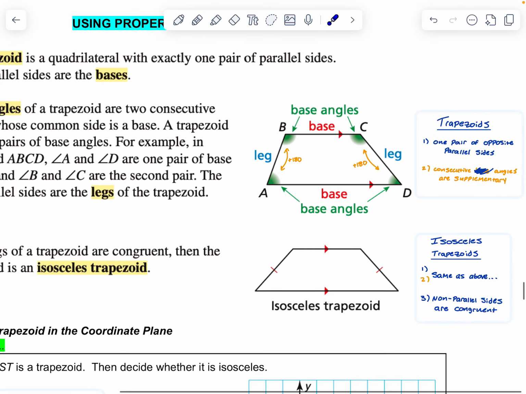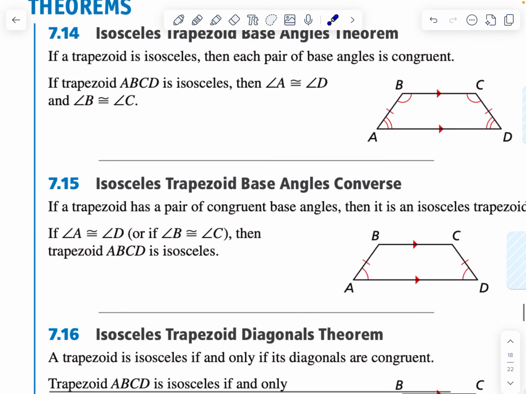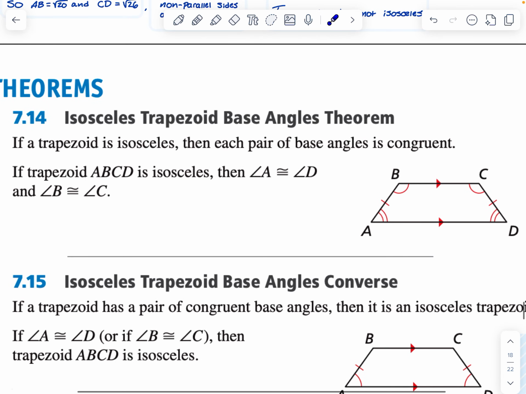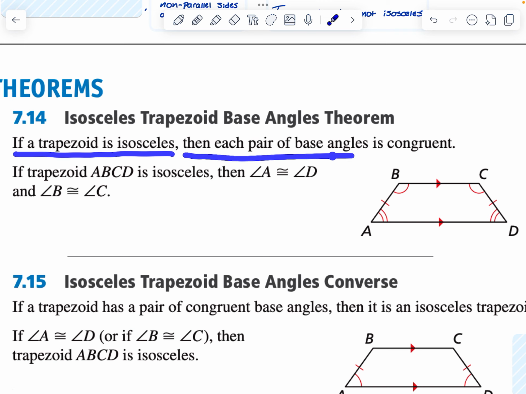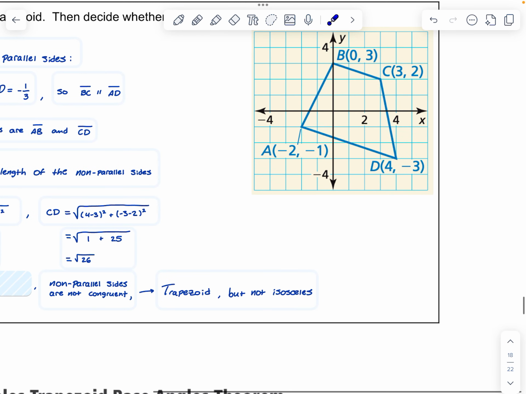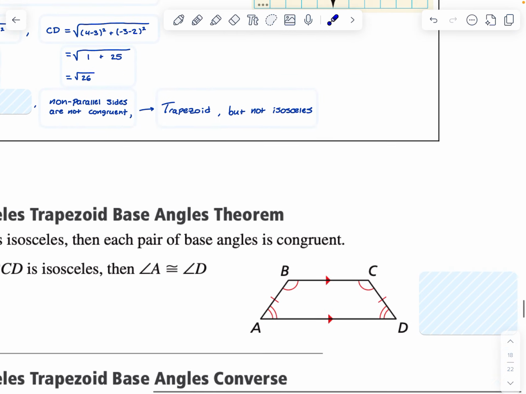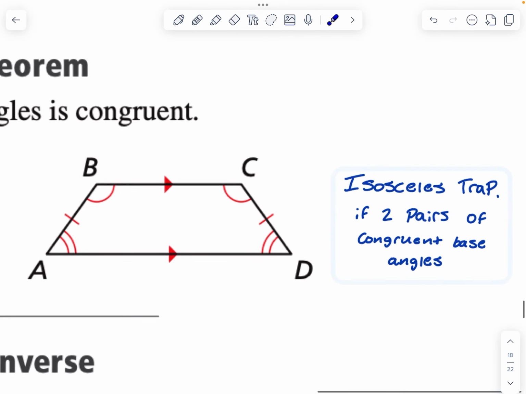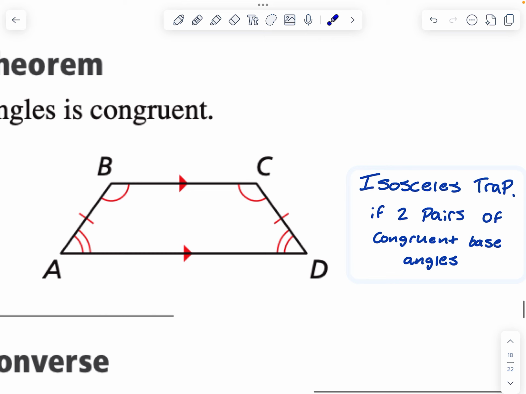But in an isosceles trapezoid, we do have a couple of properties. If a trapezoid is isosceles, then each pair of base angles is congruent. So just like I said before, if we're looking at a normal trapezoid, there's no relationship between those two angles. But if we're looking at an isosceles trapezoid, we have two pairs of congruent base angles. So maybe we'll say angle B is 60.